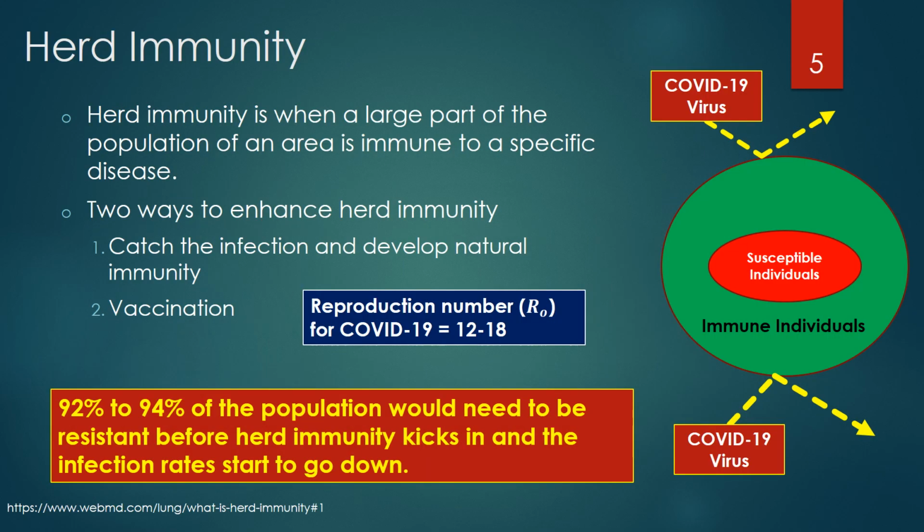Herd immunity or community immunity is when a large part of a population group or community is immune to a specific disease. If enough people are resistant or have immunity to an infectious agent like COVID-19, that broad immunity provides a zone of protection around those who are susceptible, as diagrammed.